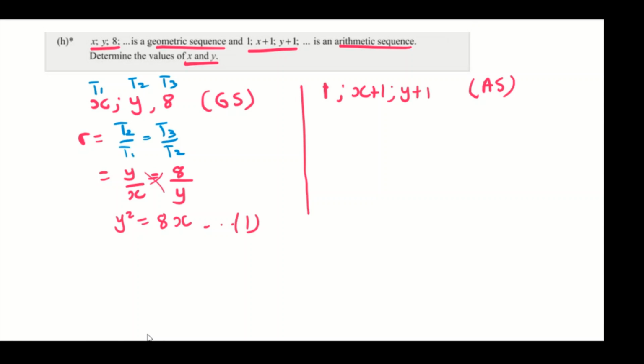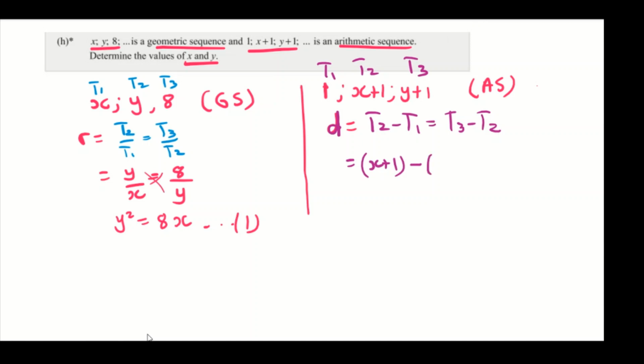And then we come here to the arithmetic sequence. What defines an arithmetic sequence is a common difference, right? Which is t2 minus t1 equals to t3 minus t2. So this is t1, this is t2, this is t3. So t2 is equals to x plus 1, alright? And then we put it in brackets, so it's minus t1, which is 1, equals to t3, which is y plus 1, and then minus t2, which is x plus 1.